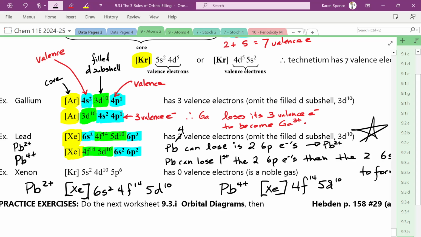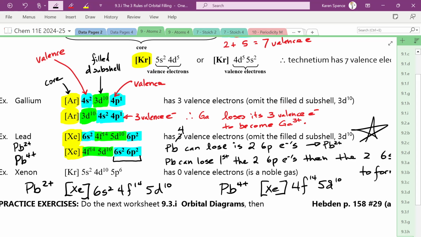How can you remember that? You can write it in the order of n value, or if you don't like that, you can remember that you always remove p's before the s's and s's before the d's. And if you forget that, you will be pissed.